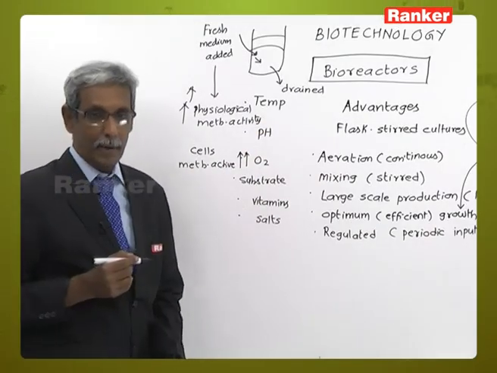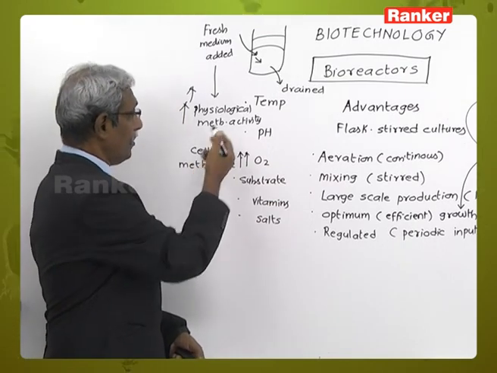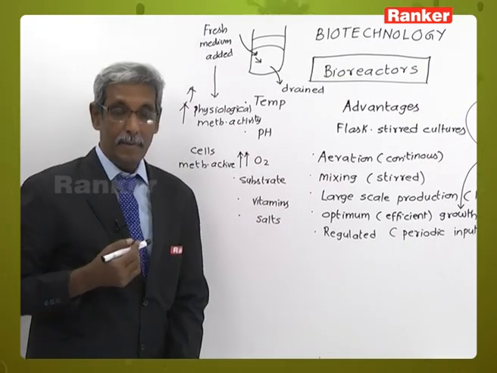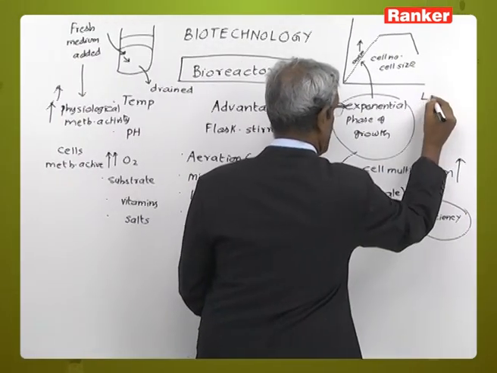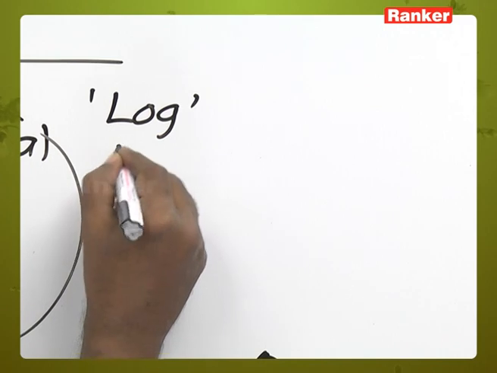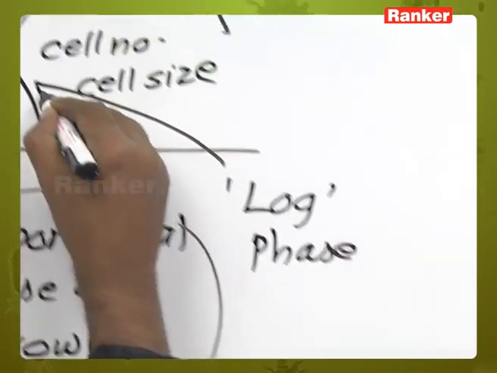Once the cells are metabolically active or physiologically active because the medium is being replaced, all the cells will be getting into the log phase. This is the log phase or the logarithmic phase.